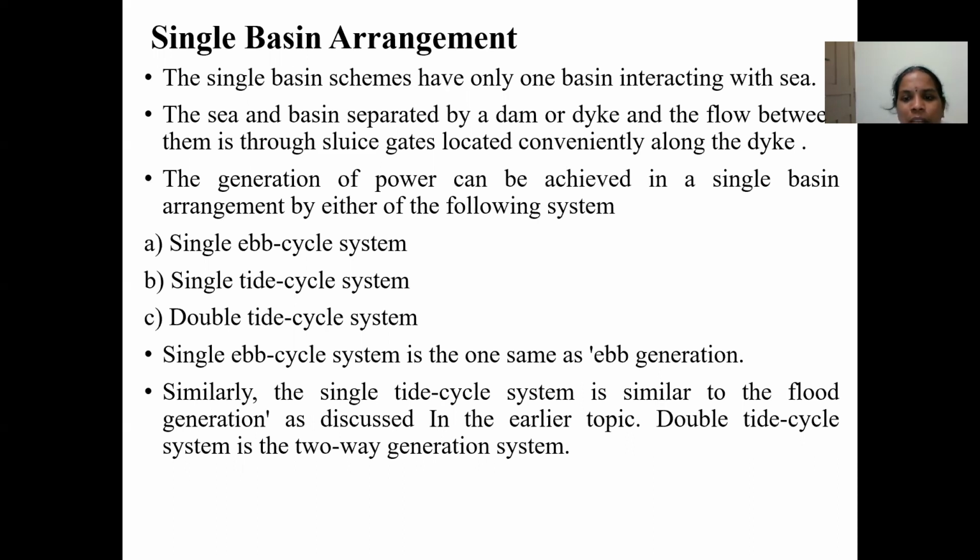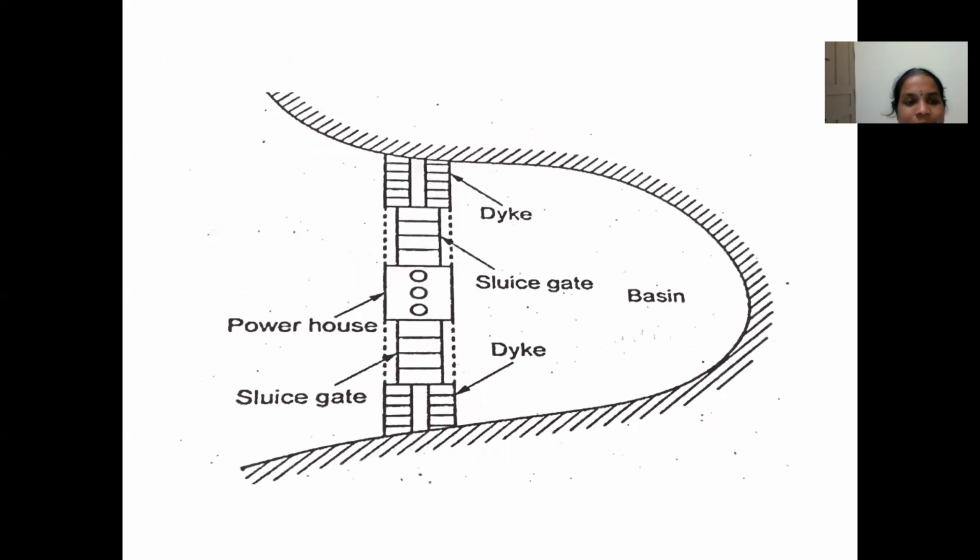The generation of power in a single basin arrangement can be achieved by any of the following systems: single ebb cycle system, single tide cycle system, and double tide cycle system. The single ebb cycle system is the same as ebb generation. Similarly, the single tide cycle system is similar to flood generation as discussed in earlier topics. The double tide cycle system is the two-way generation system.